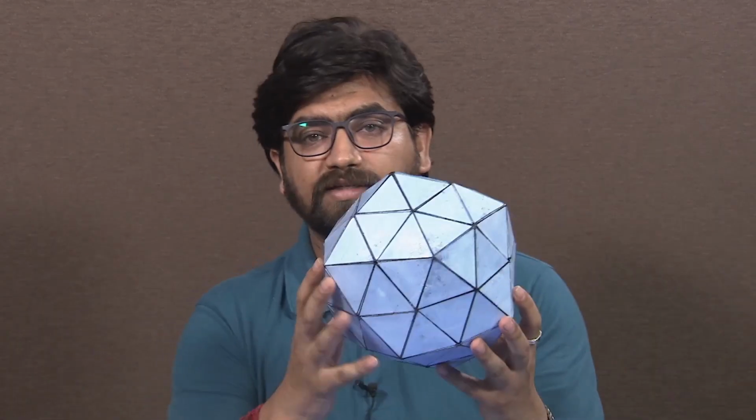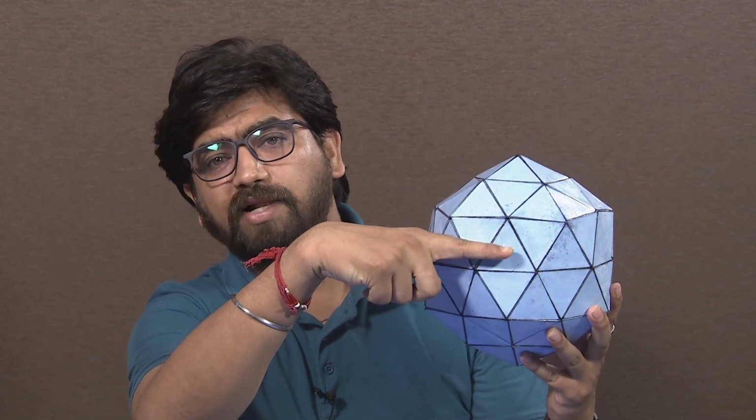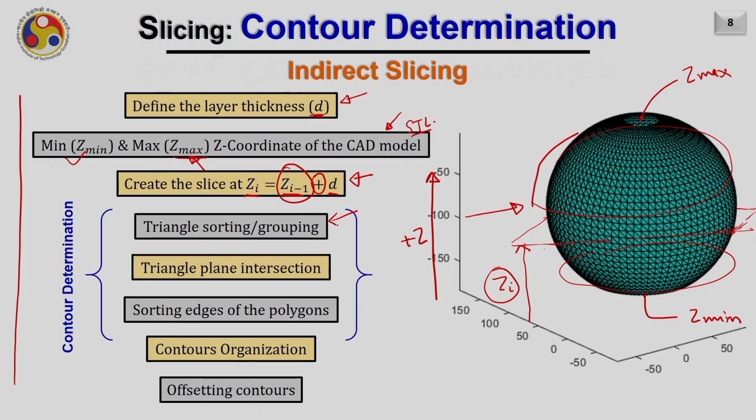If I am slicing at this particular level, then of course only these triangles are of our interest. The triangles above and below are of no use. So, we need to sort the triangles appropriately, and the algorithm corresponding to that is called the triangle sorting or grouping algorithm.